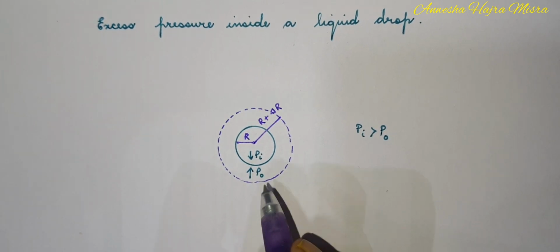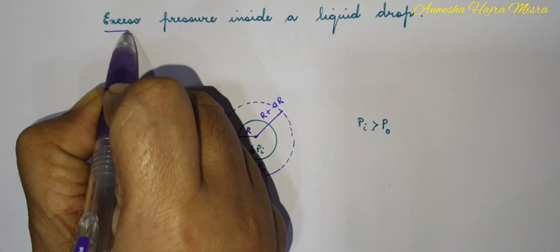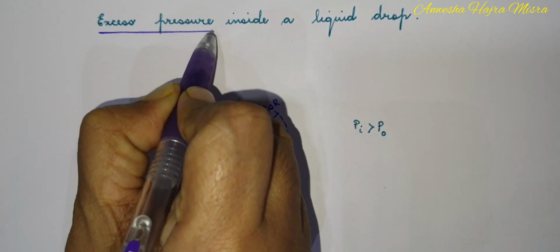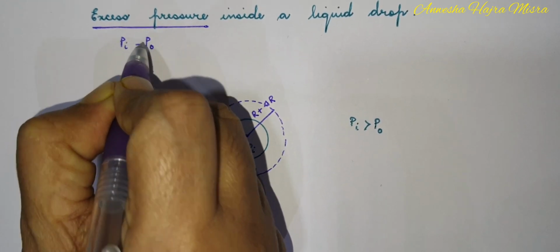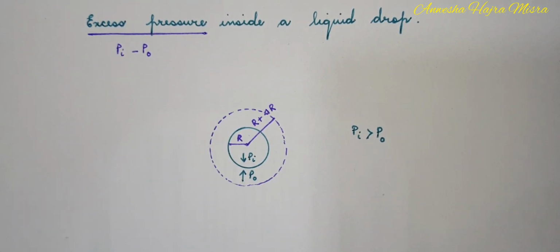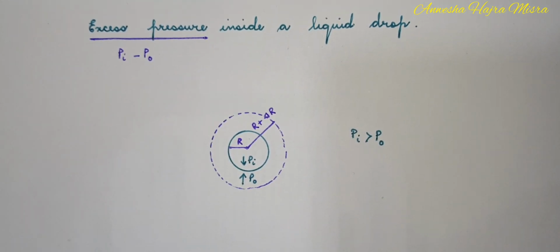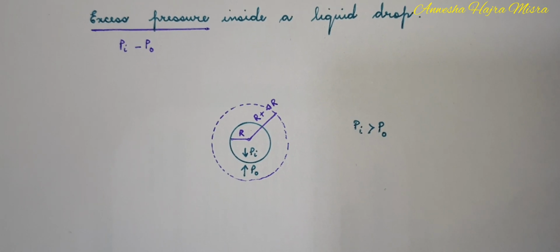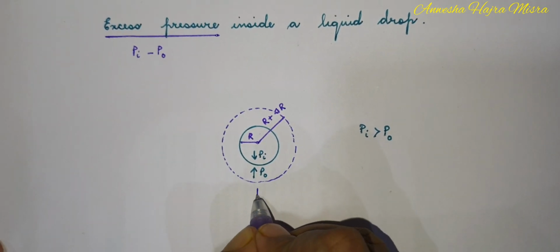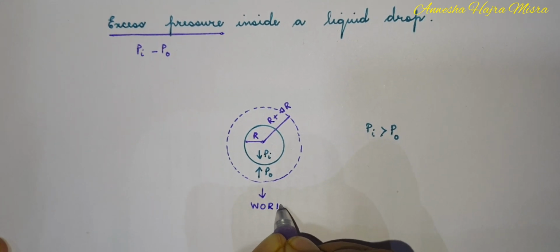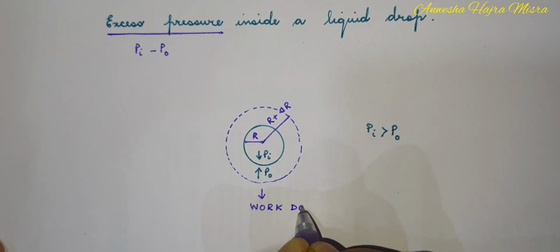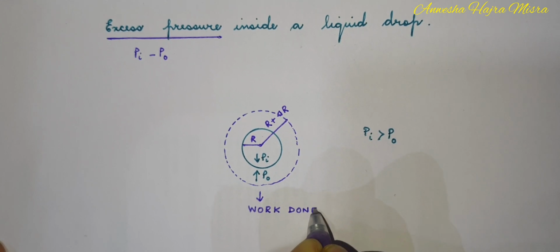Now we have to find an expression for this excess pressure, Pi minus P0. What we are going to do is find out the work done in two different ways and equate the two work done.